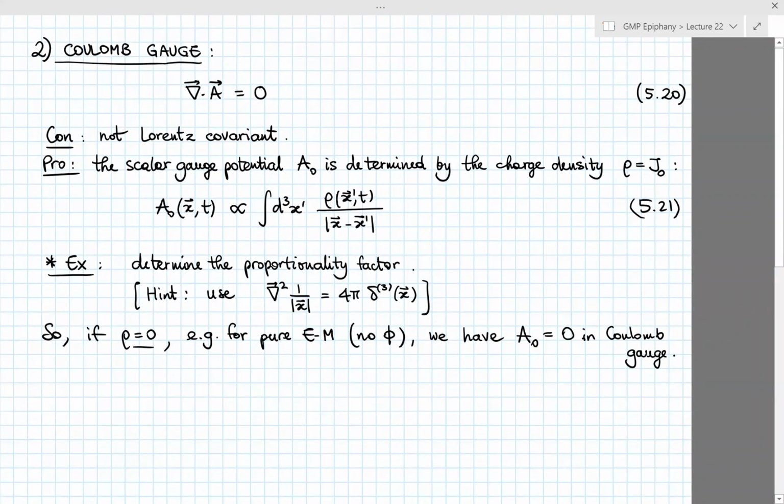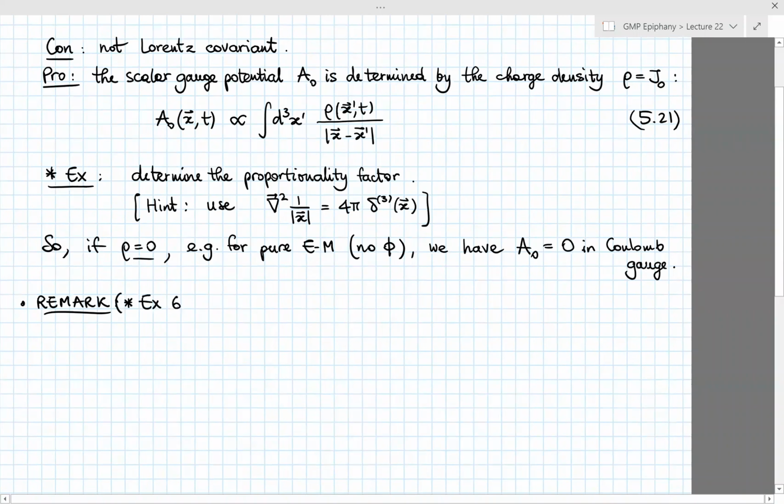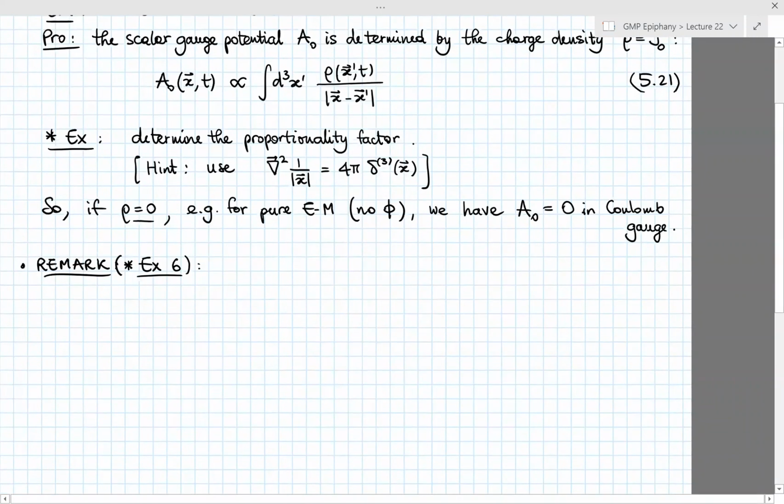On the other hand, if there is charged matter, it's not true that A naught vanishes in the Coulomb gauge. This leads me to my final remark in this section about gauge fixing, which is also an exercise number 6, which I very much recommend. And the exercise has essentially 2 parts.